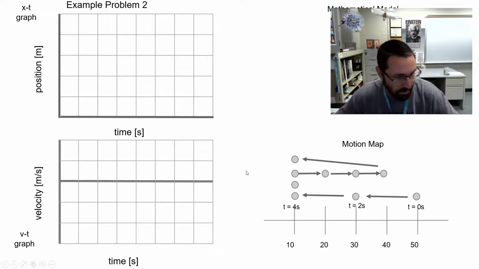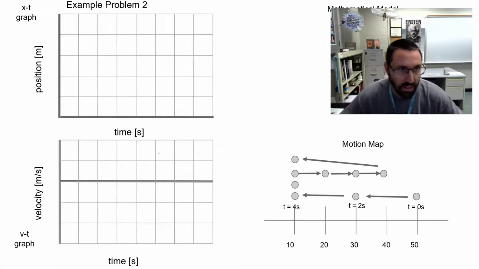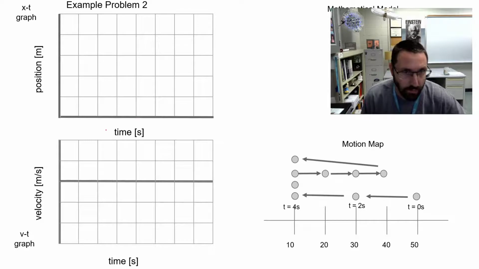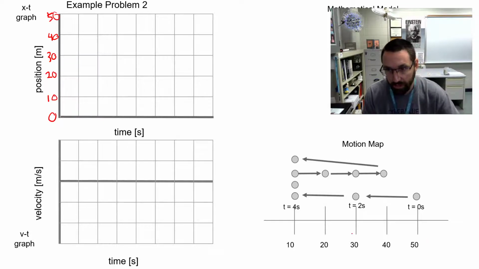The first step would be to go through and number our scale. Looking at the horizontal axis, or the positions, we're going to go 0, 10, 20, 30, 40, 50. So now all of our data will fit on there. The next thing is to figure out how many seconds it is.